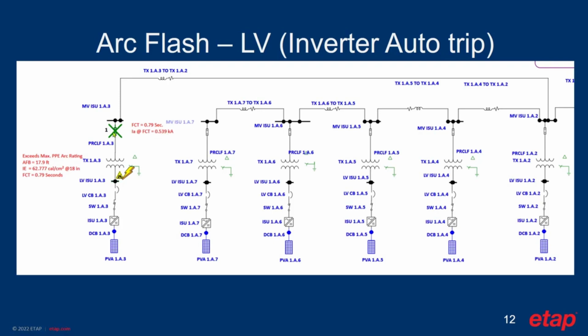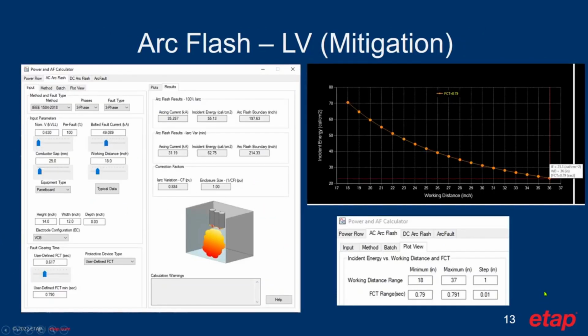And at the same time, the inverter would shut itself off because its terminal voltage would be less than 50% of the nominal voltage of the connecting switchgear. And based on the mitigation technique, we were able to say, okay, changing the fuse for the entire facility for all these PV array locations is out of the question.